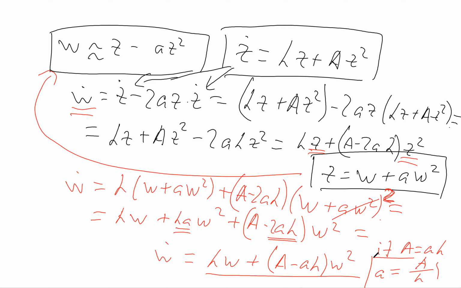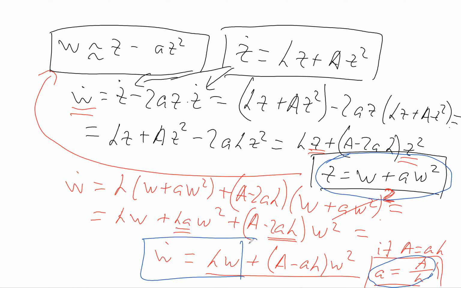So we made this substitution, and if we take a equal to 8 divided by lambda, then eventually we will have w dot equals lambda w, and the second order term disappears. So this is the substitution to get rid of this term.